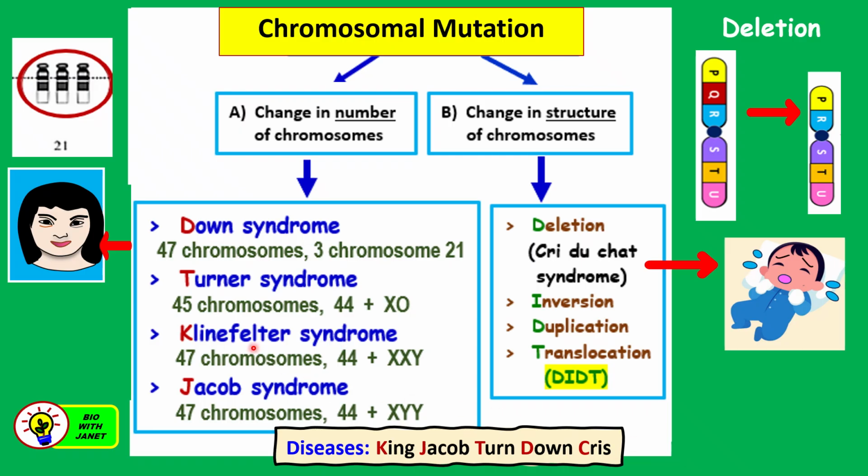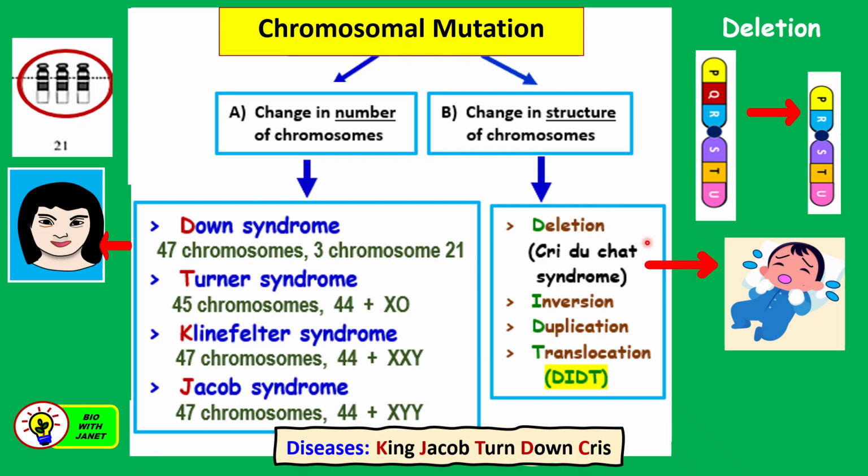King for Klinefelter, Jacob for Jacob syndrome, Turn for Turner syndrome, Down for Down syndrome, and Chris for Cri-du-Chat syndrome. The only odd man out is Cri-du-Chat syndrome, which does not show a change in chromosomal number.